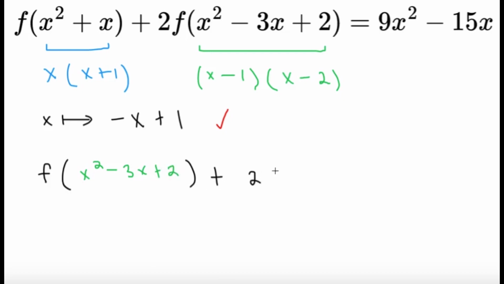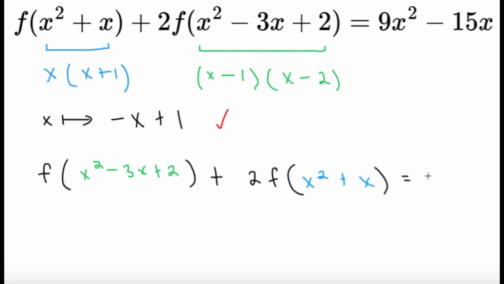And the next term, 2f of, substituting x as negative x plus 1, it's going to give me negative x times negative x minus 1. And if I multiply this out, you're going to realize that this is exactly going to be x squared plus x. And obviously, we have to do it for 9x squared minus 15x.